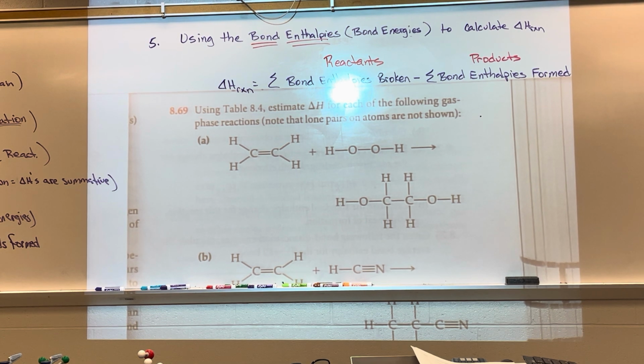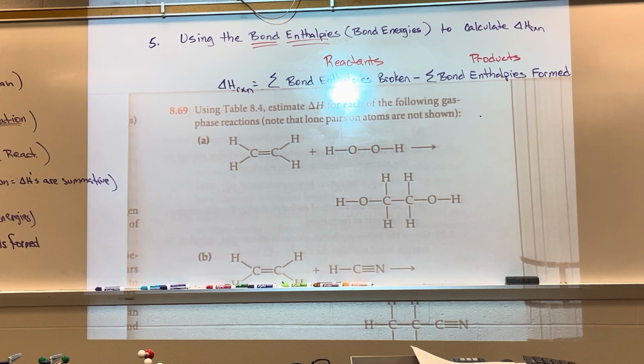Using table 8.4. Now, 8.4 is on page 326. So keep that open, but turn to page 326 at the same time. Page 326 gives you a table of all of the different energies it takes to break a carbon-carbon single bond, a carbon-carbon double bond, oxygen to oxygen single bond, and oxygen to oxygen double bond. Those are your bond energies.